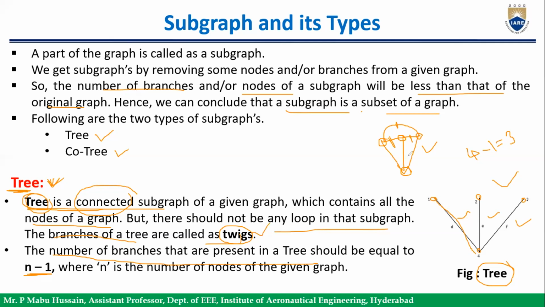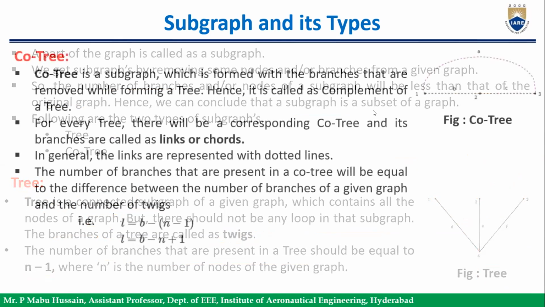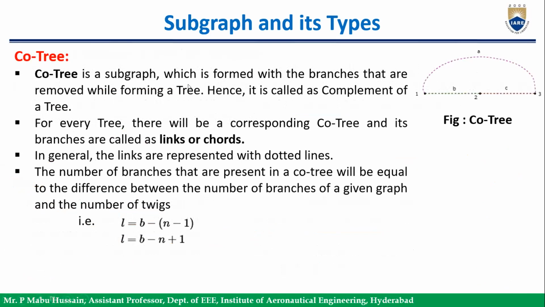Now this tree is formed by removing this branch and this branch. With all the removed branches, if you form a subgraph again, that subgraph is called the co-tree. A co-tree is a subgraph formed with the branches that were removed while forming a tree.